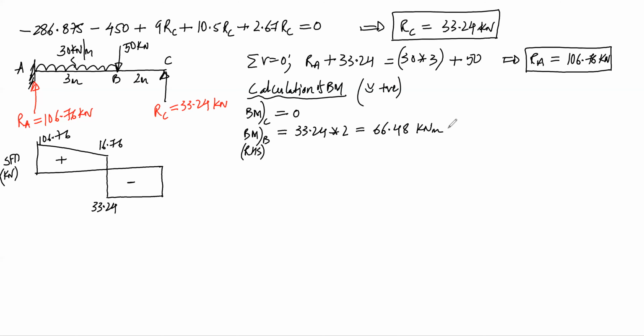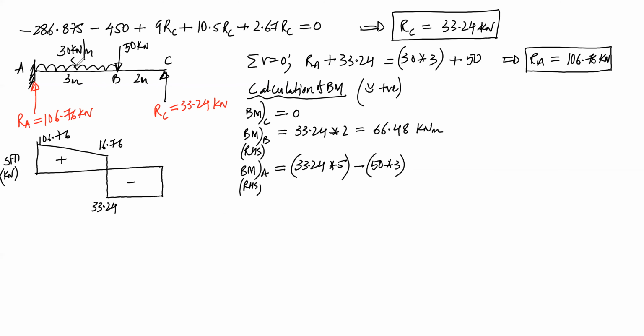And bending moment at A, if I consider right hand side, will be 33.24 into 5 meters, which is sagging. So it will be 33.24 into 5, 50 into 3. This will be hogging. So it is minus 50 into 3.